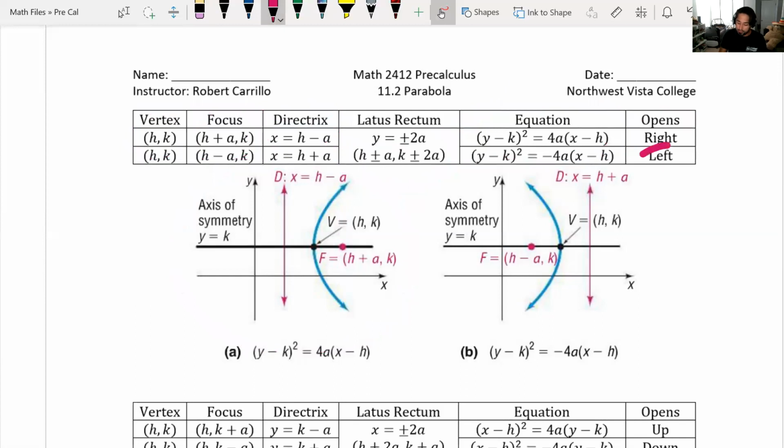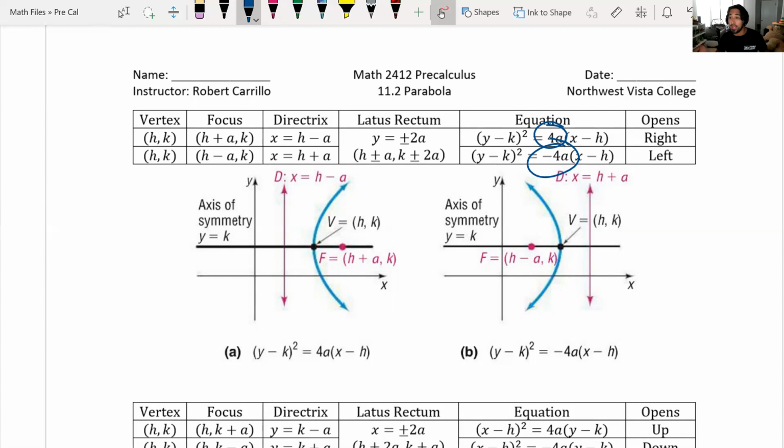If the parabola opens to the left, we use the second equation. And notice the big difference between both equations. If you open to the right, 4a is positive. If you open to the left, that 4a is negative. Now that doesn't mean a is negative, it just means that 4a is negative.